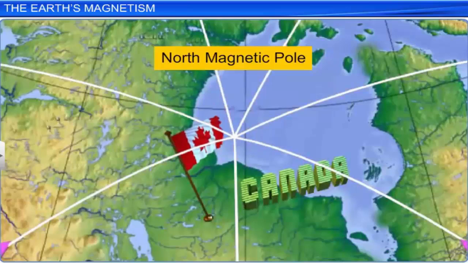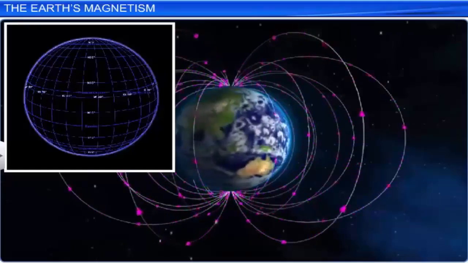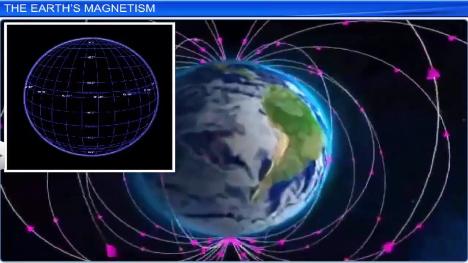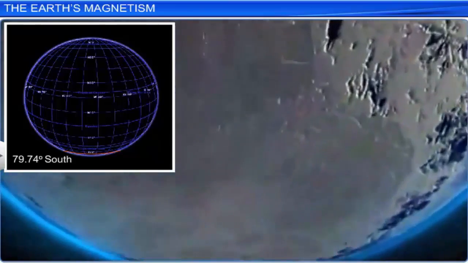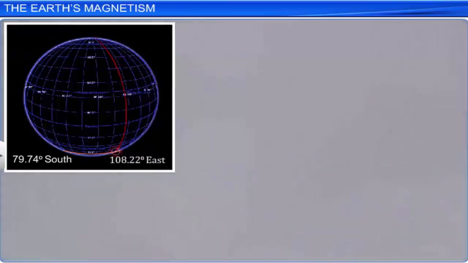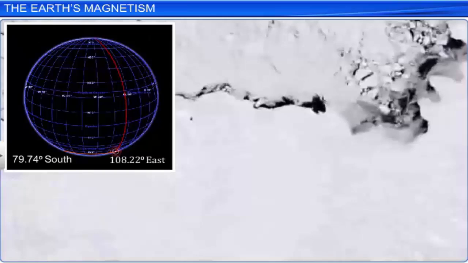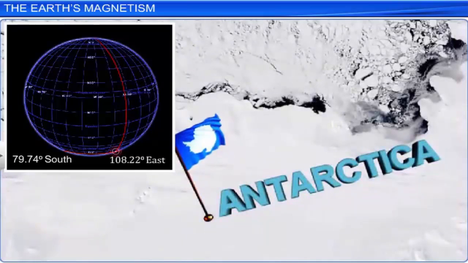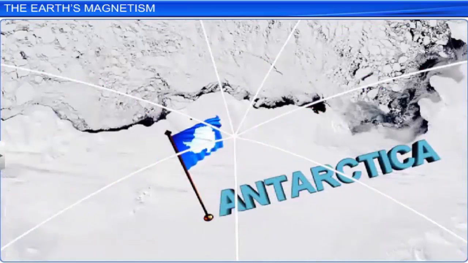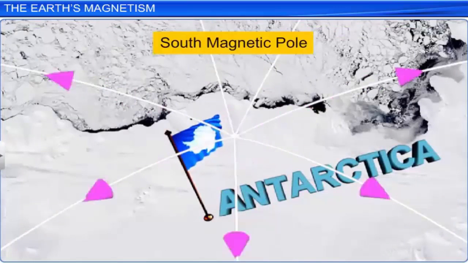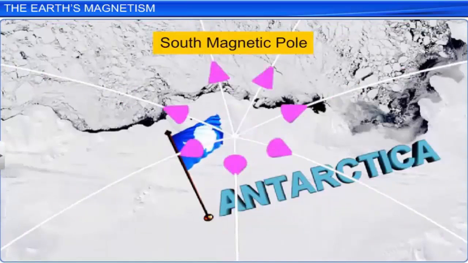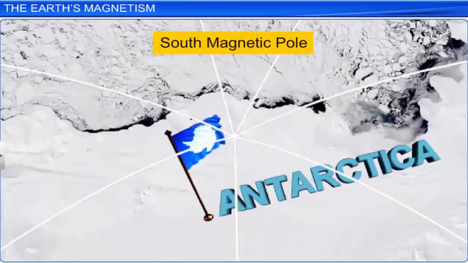Earth's magnetic field lines enter the Earth near this pole. Another magnetic pole is located at latitude of 79.74 degrees south and longitude of 108.22 degrees east, a place in the Antarctica. This pole, which is located near the geographic South Pole, is called the South Magnetic Pole. Earth's magnetic field lines leave the Earth near this pole.